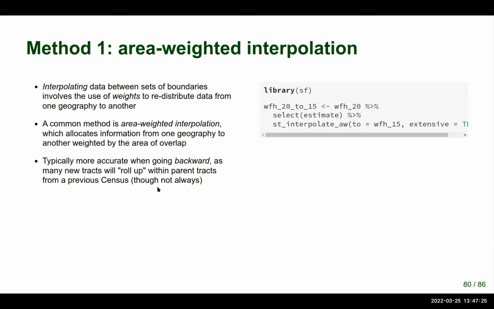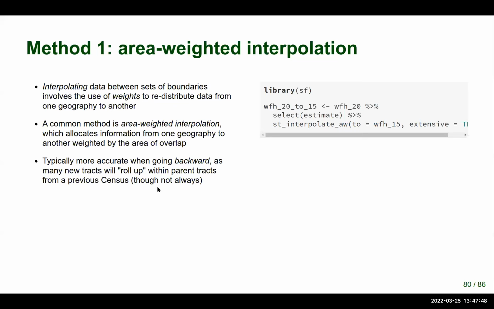Area-weighted interpolation is often used because it's conceptually fairly simple. Basically, let's say you have a census tract with 20,000 people that is divided up into 5 census tracts.